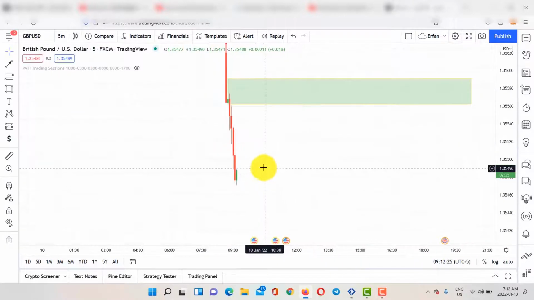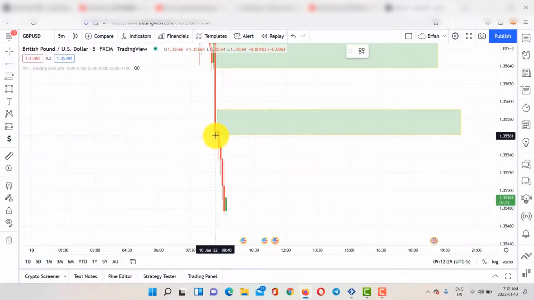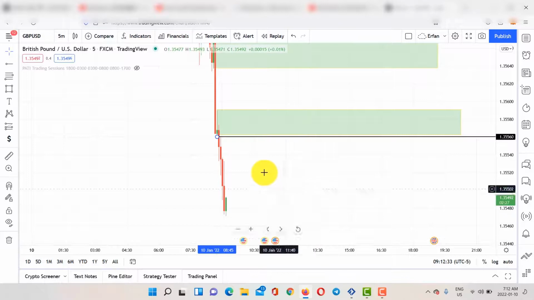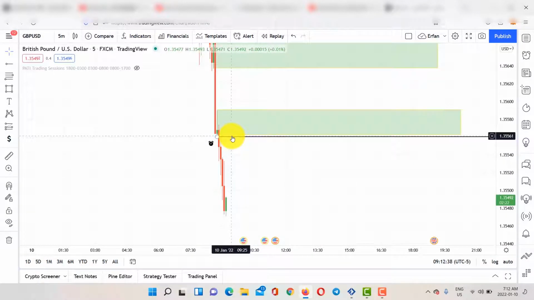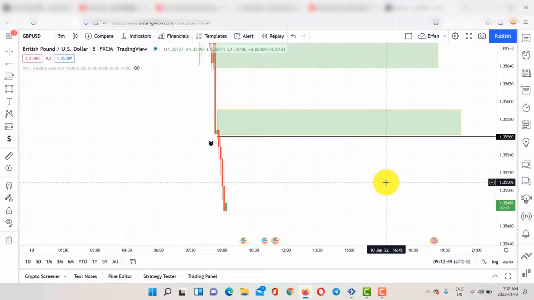Okay, so far I'm gonna put another horizontal ray right here, and then I'm gonna set another alarm to notify me when the price reaches this level. Guys, this is very important. Your timing is very important. Right now is 7:12, which is 9:12 Eastern Standard Time. So the New York stock market is opening in 15 minutes.